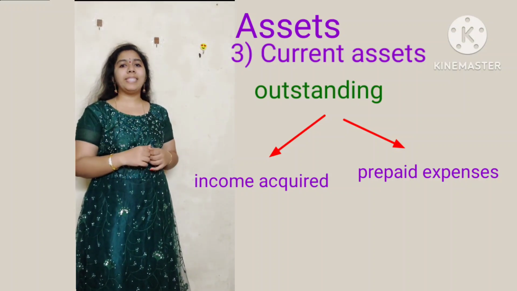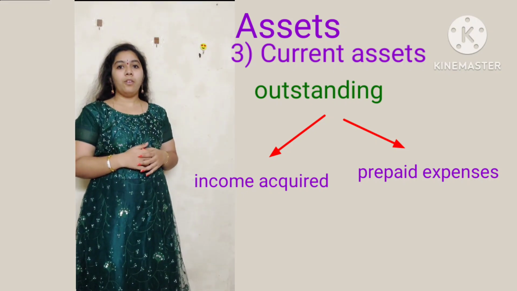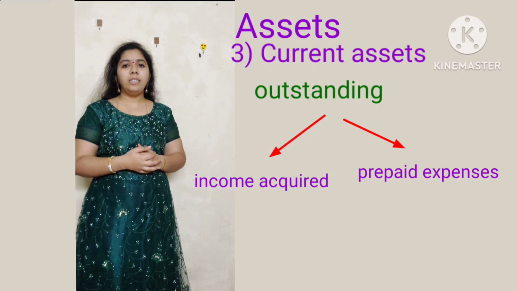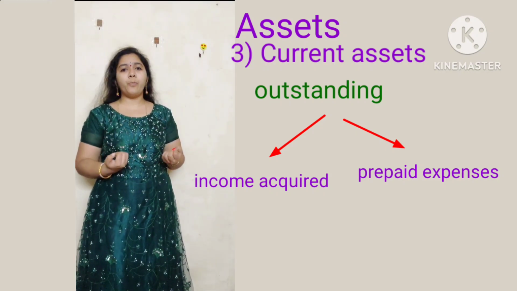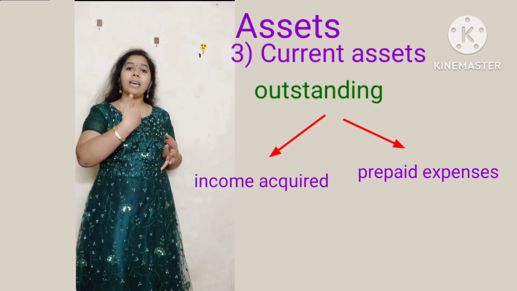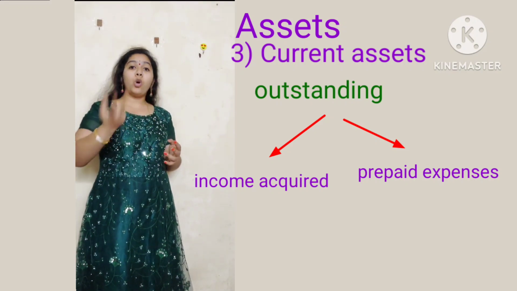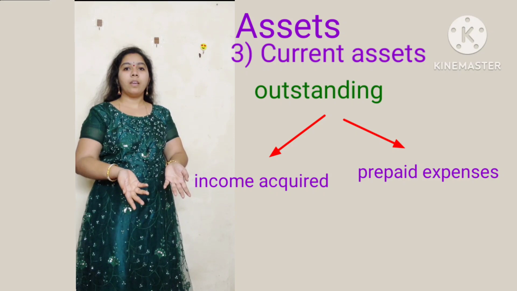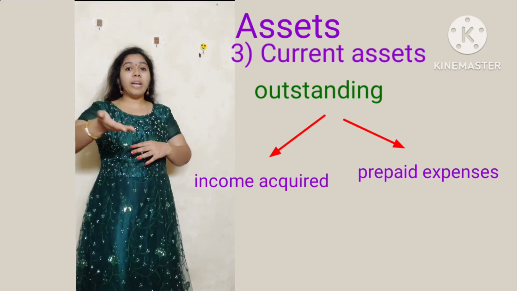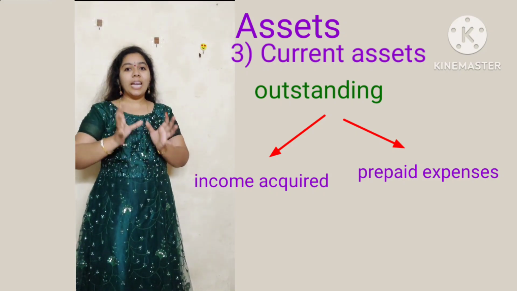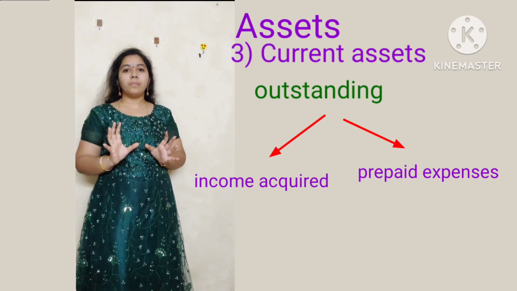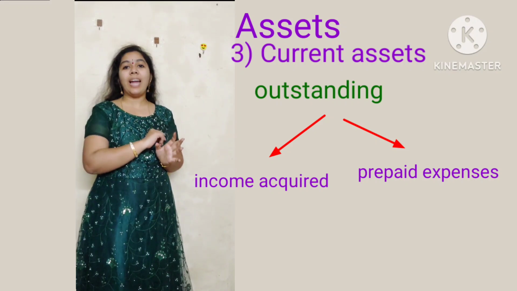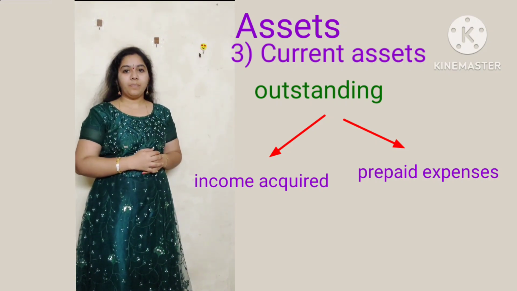For example, rent for a company. Every month they have to pay the rent. This month we got a lot of profit, so this month we paid the rent for 2 months, for this month and the next month. So the next month's rent is an asset for us. These two are the outstanding assets.